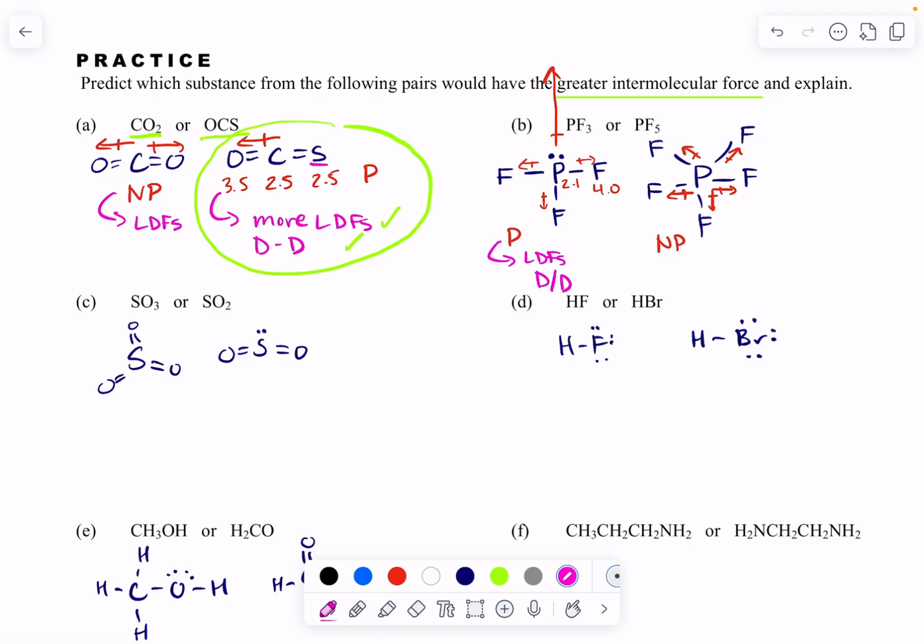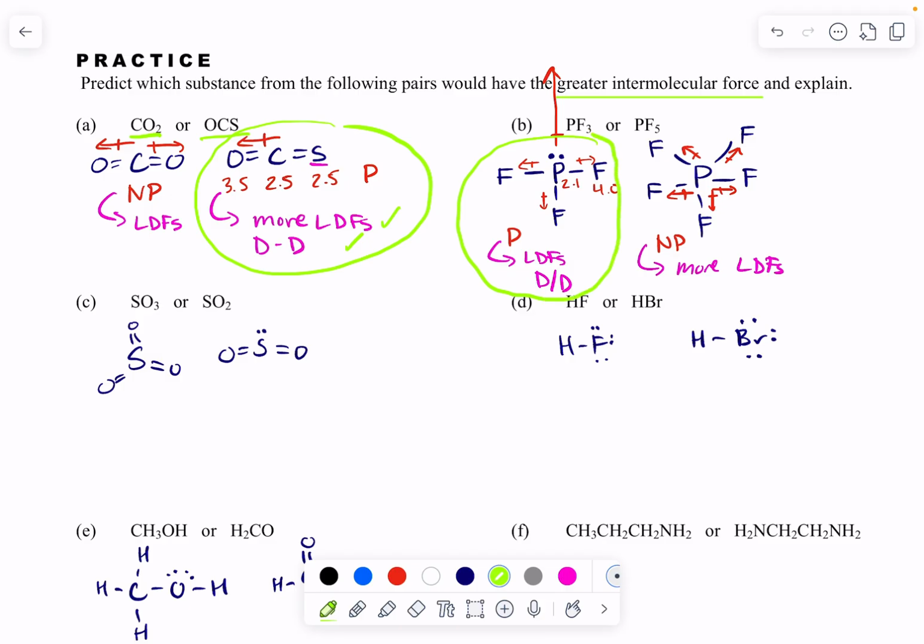Now, when we look at this one, we know it has LDFs, but you've got to be able to say PF5 has more LDFs. So between PF3 and PF5, which one would you say has the greater total intermolecular forces? I think I would say PF3.